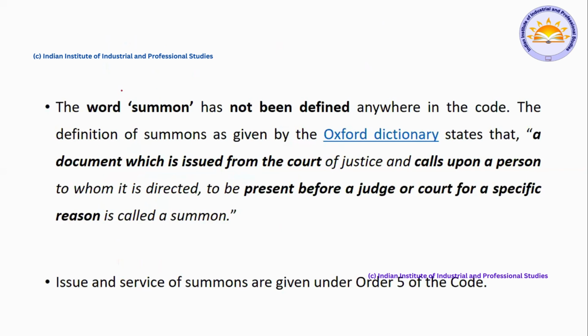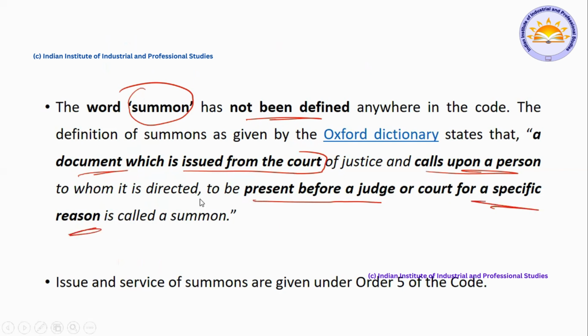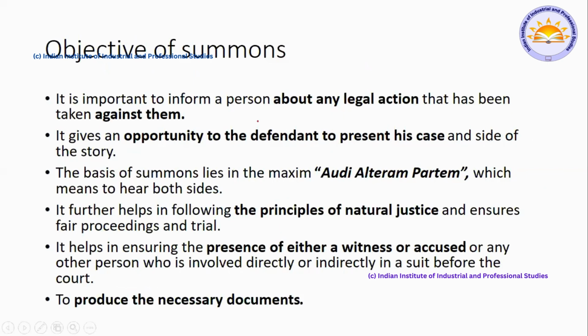So what do you mean by summon? Summon is nowhere defined, but however, we have a general definition of it. It's a document which is issued by the court to call the parties to be present before the judge for a specific reason. So this is called summoning, summons. Okay, so what is the objective of summons? It is a legal action.